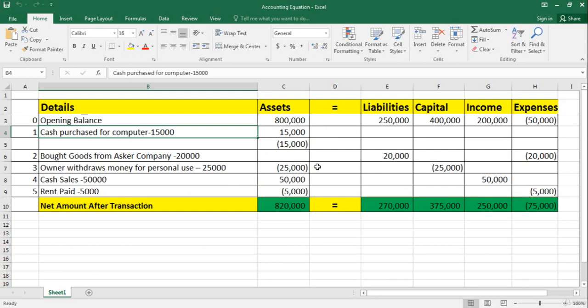Based on the double entry system, we entered the assets and liabilities: assets equal liabilities plus capital plus income minus expenses. After changing, you can see 820,000 on both sides. So always assets equal liabilities plus capital plus income minus expenses. This is the double entry system with the accounting equation.